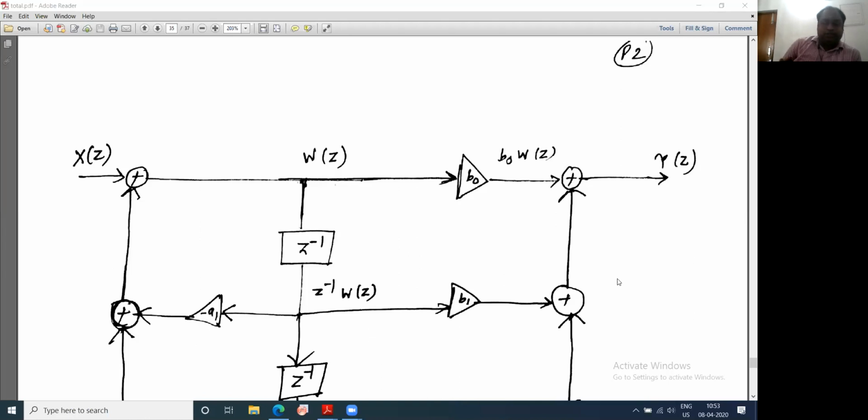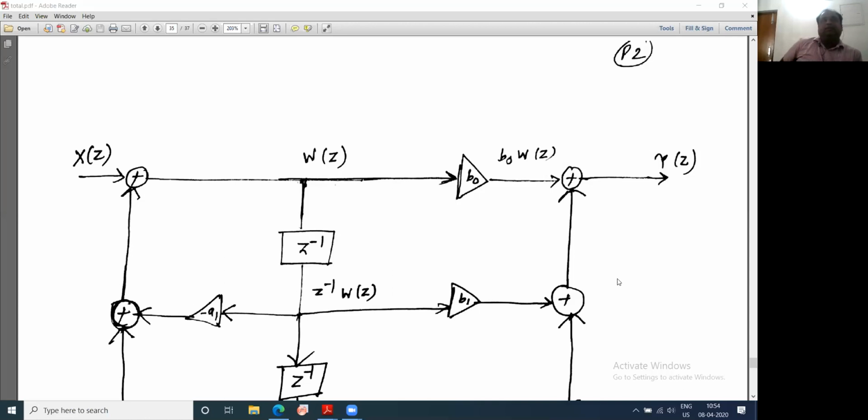Now, the question is what I was talking about: realization. We are discussing digital signal processing, so we are processing digital signals through digital systems, right? Now, any digital system could be realized by using a delay, adder and multiplier.